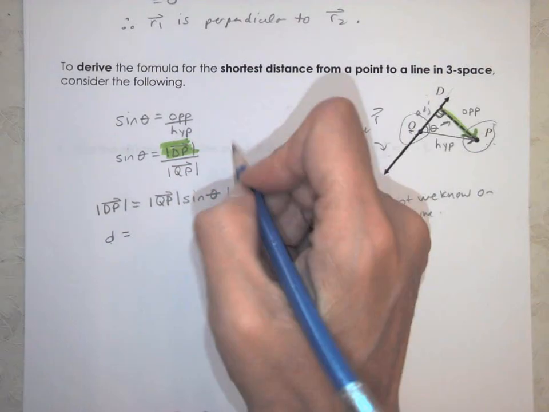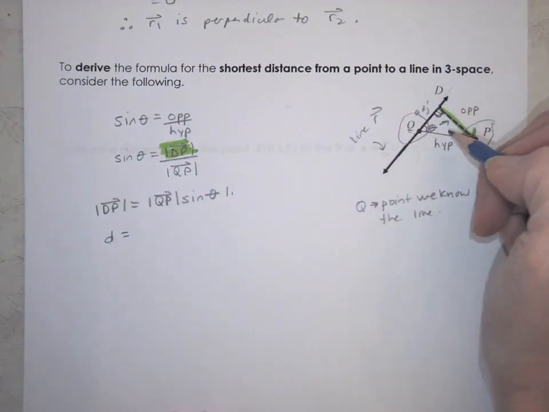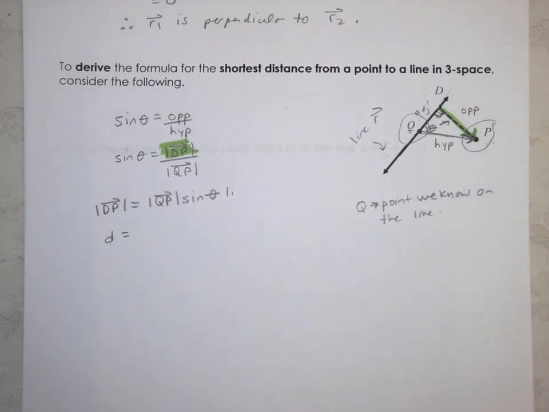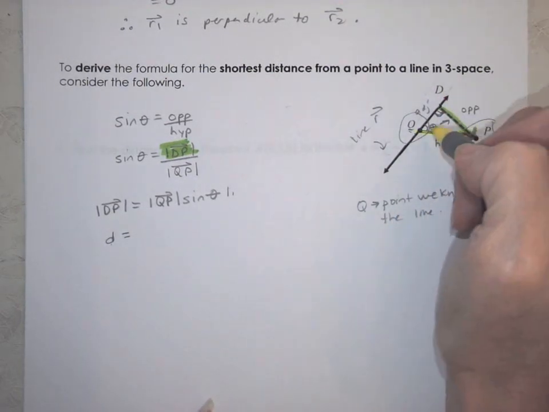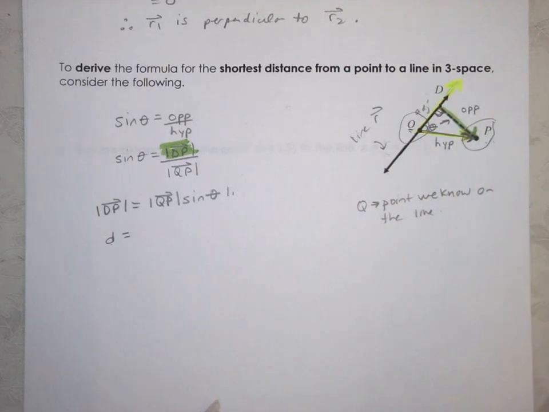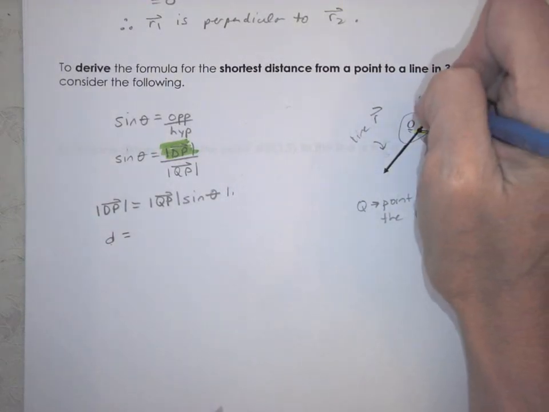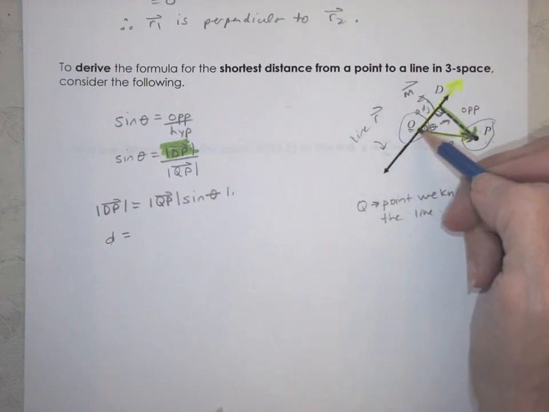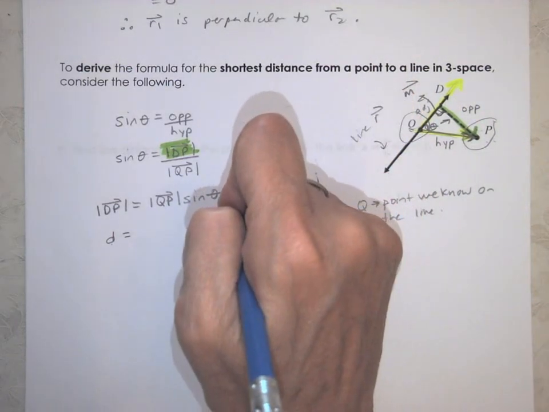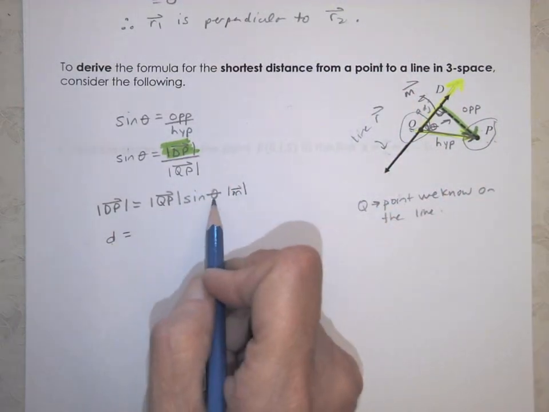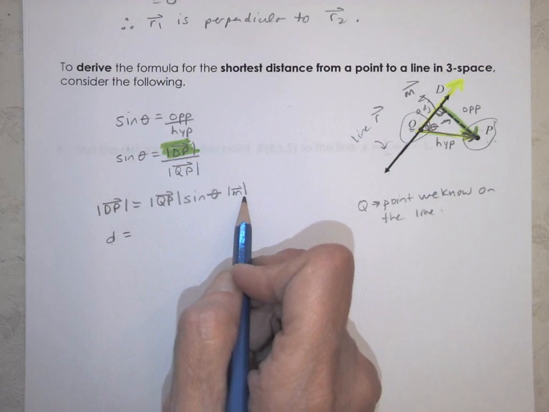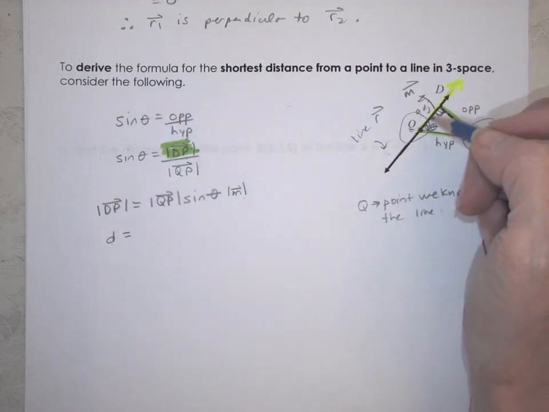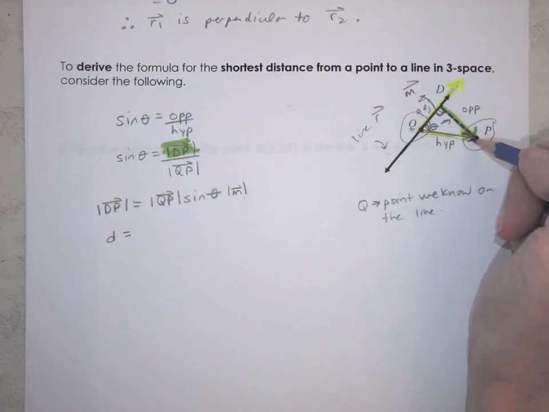So here's theta, and here's QP. This is the direction of QP, and this is the direction of the line. The line has direction M, and theta is between the direction of QP and the direction of the line. So the magnitude of QP times the sine of theta times the magnitude of M is the magnitude of the cross product between these two vectors when they're tail to tail.